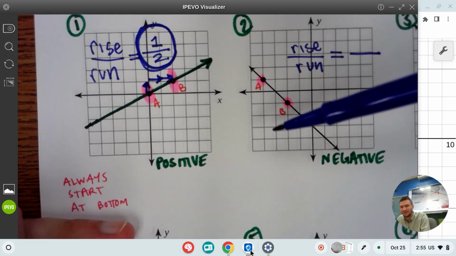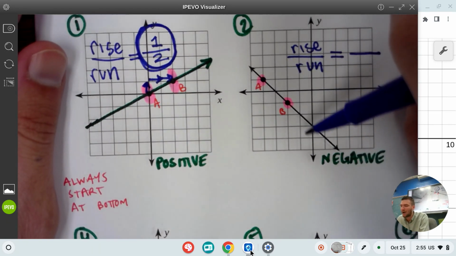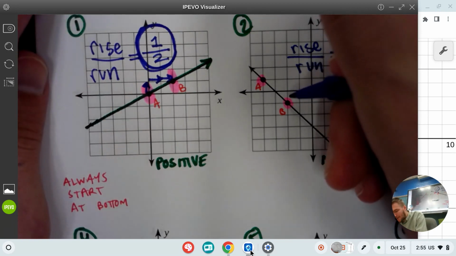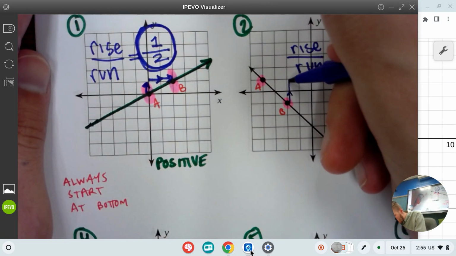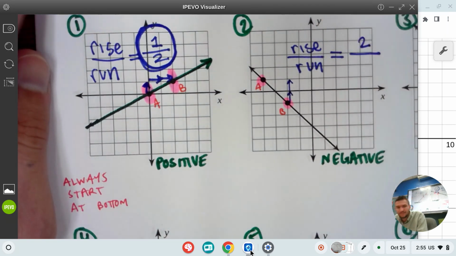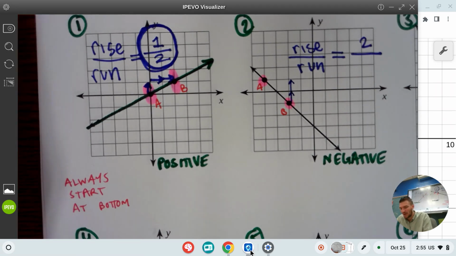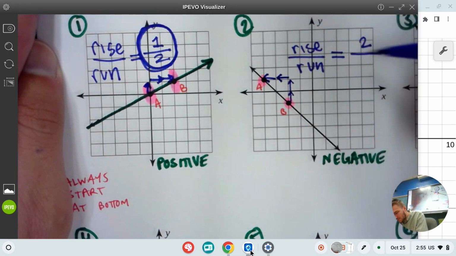And that counting down always messes kids up. So when I start on the low number and I always go up, I'm going to be in good shape. So here we go. With B, I'm counting up 1, up 2. And now it is time to get the run. How much do I have to run? I have to run 1, 2.